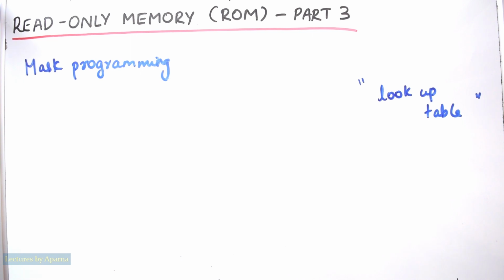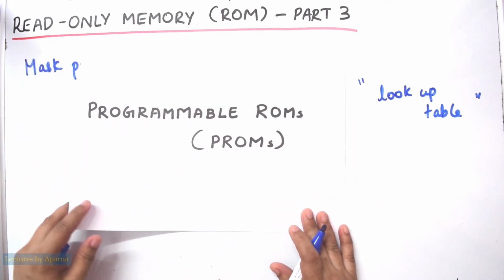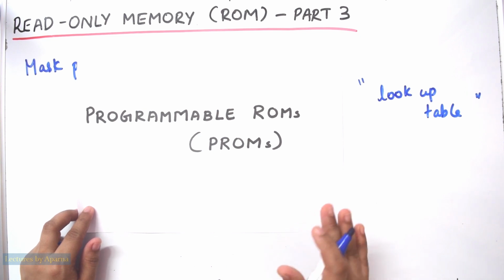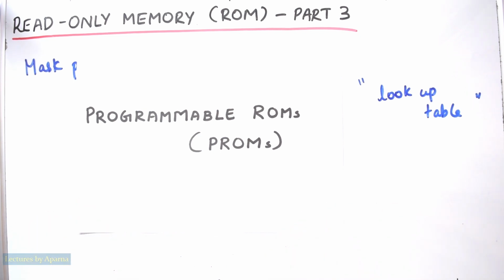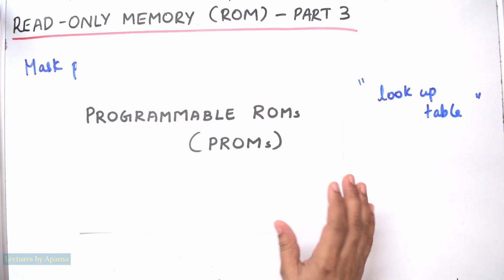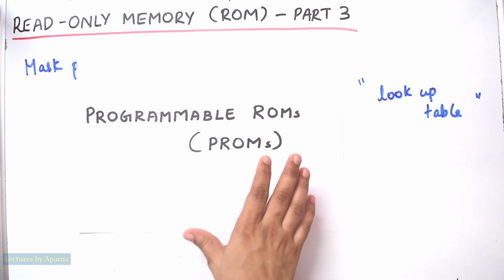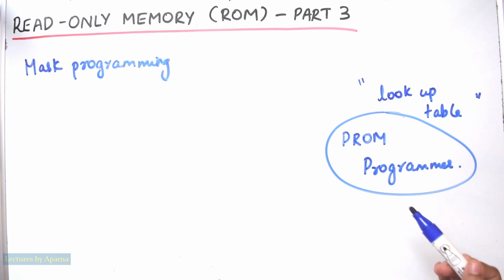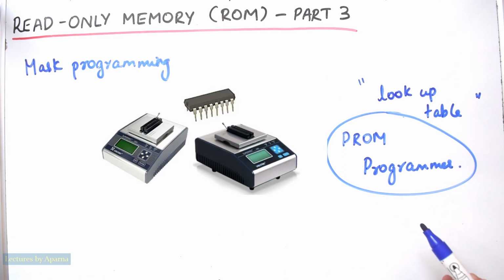The second type of ROM is programmable ROMs or PROMs. For small quantities, it is more economical to use this type of ROM. A PROM allows the programmer instead of the manufacturer to store the data. For that, an instrument called PROM programmer is used.